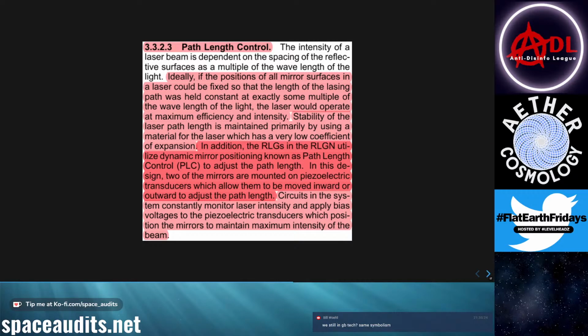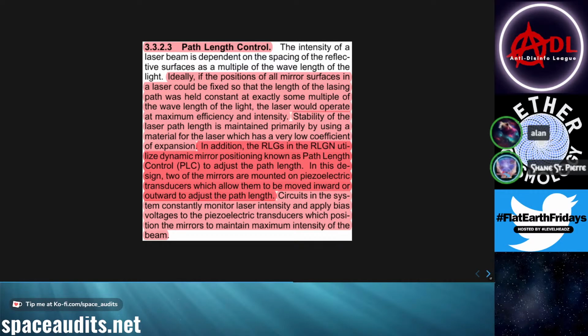Ideally, if the position of the mirror surfaces in the laser could be fixed so that the length of the lasing path was held constant at exactly some multiple of the wavelength of light, the laser would operate at a maximum efficiency and intensity.